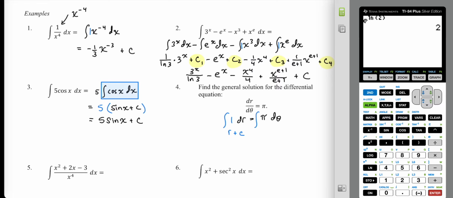Now the pi is a constant value like k on the previous page. The antiderivative of that normally would be kx plus c, but the integration variable here is theta, and the constant that's given is pi, so it would be pi theta plus c.